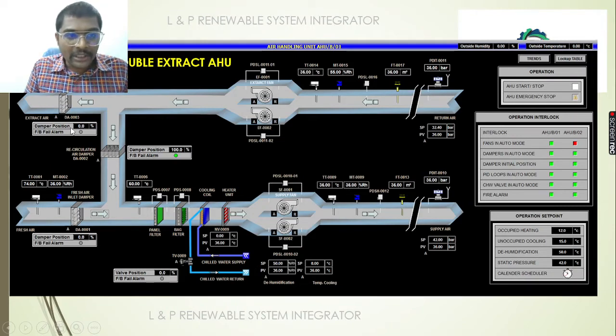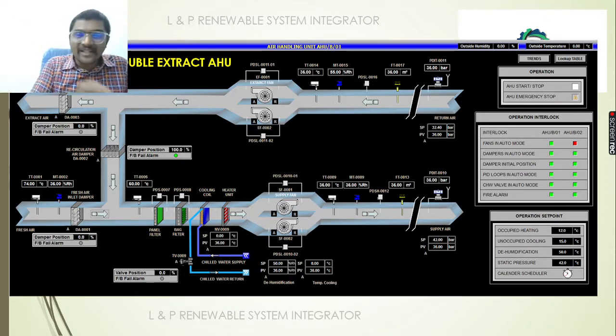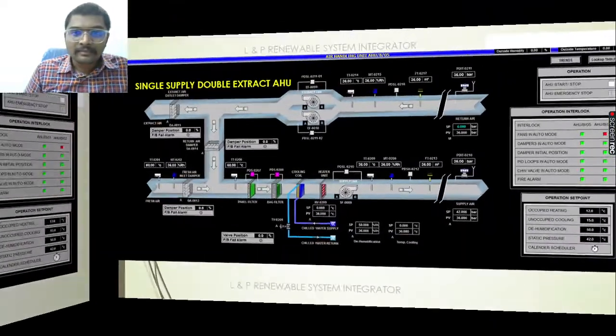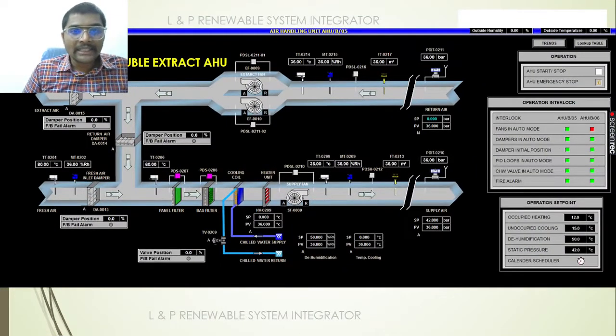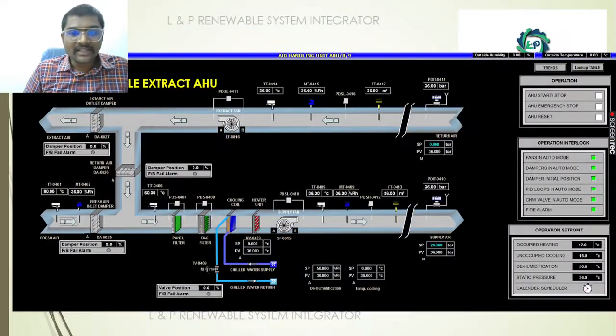We can monitor the damper positions through the feedback signal, the electrical signal we receive, which is 2 to 10 volt. As we discussed earlier, we use the same scaling methodology to show the exact 0 to 100% positions of the dampers. We convert the electrical signal into 0 to 100% scaling and show it in the SCADA. This is an example of single supply double extract, double supply single extract, and single supply single extract.